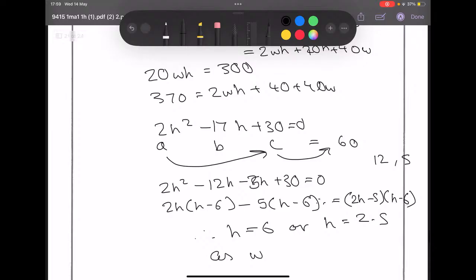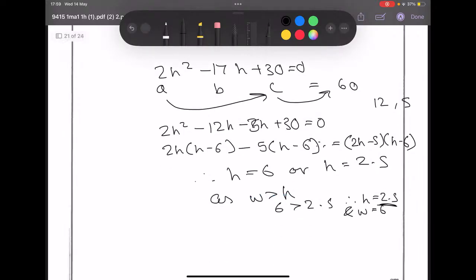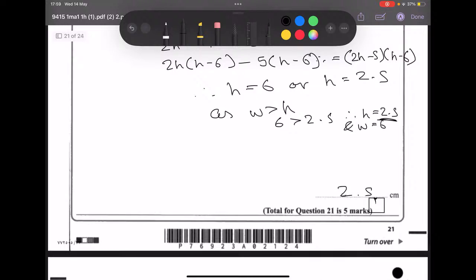As W is greater than H, 6 is greater than 2.5, therefore H equals 2.5 and the width equals 6. So the height equals 2.5.